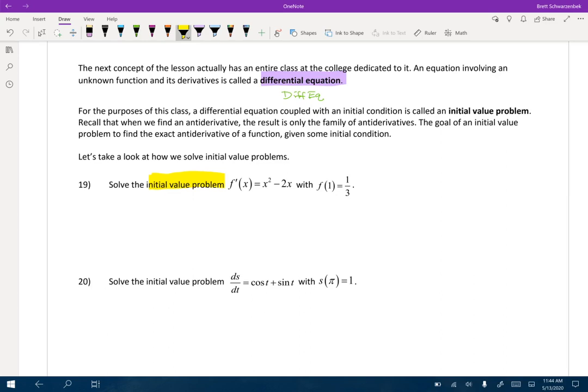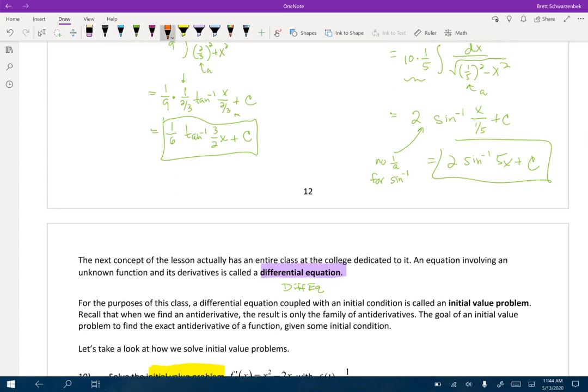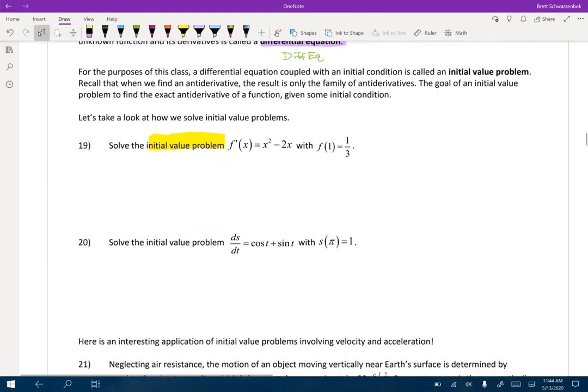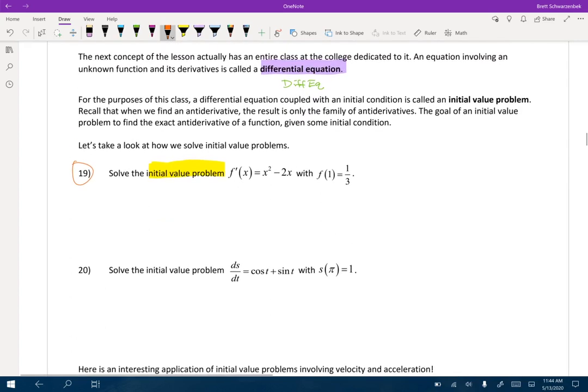What that ends up doing for us is it allows us to find the exact antiderivative of something, because of this plus c, every answer that we provide in all these problems is actually an infinite answer, because this c could be anything, which means any number of answers. Whereas in initial value problems, we're actually going to end up with the exact antiderivative because of what's called the initial condition.